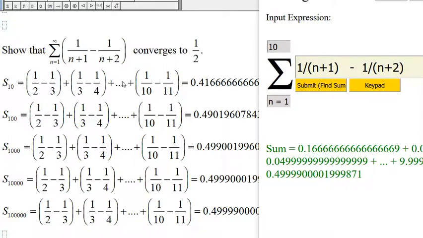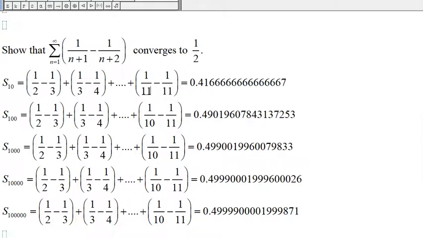And then we get to the 10th term, when n is 10, and then we get 1/11 minus 1/12.